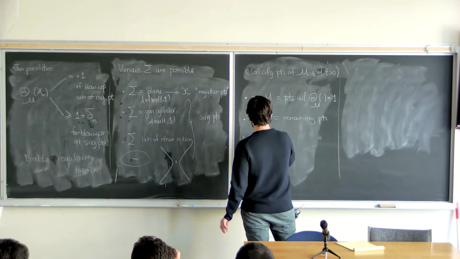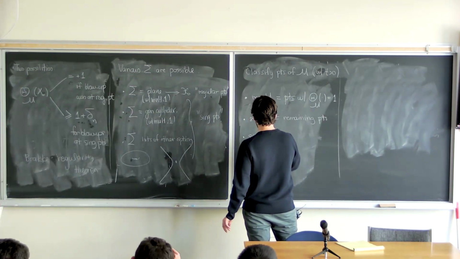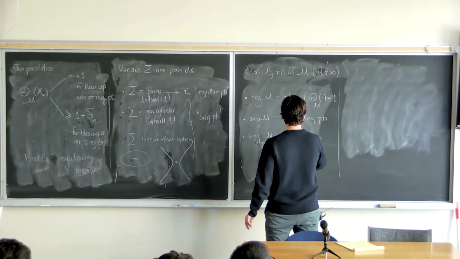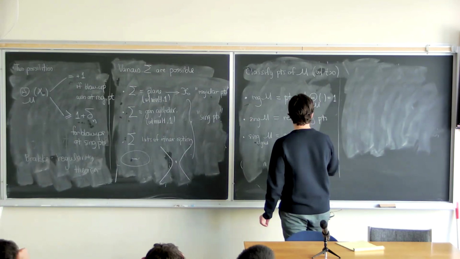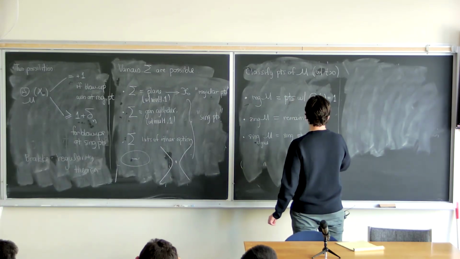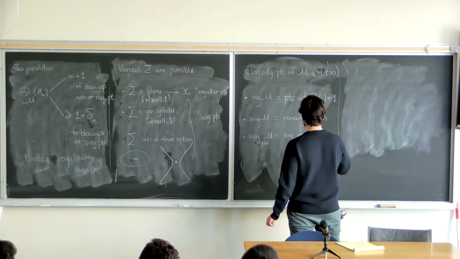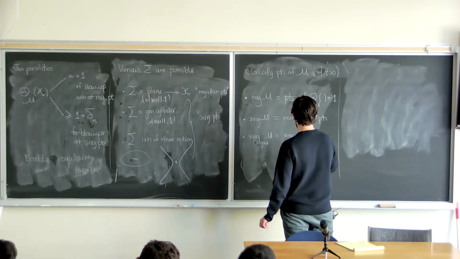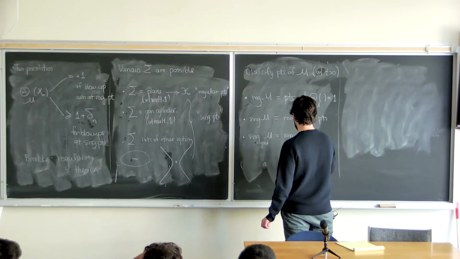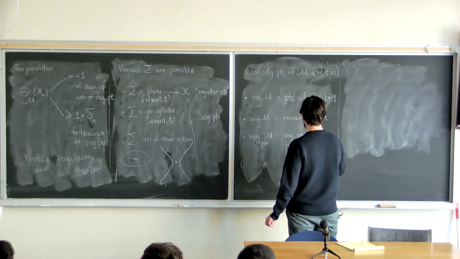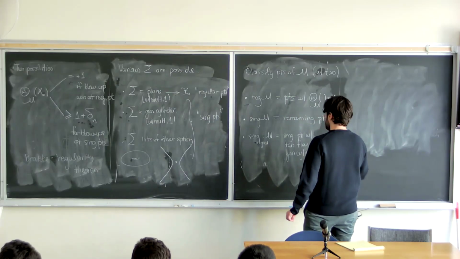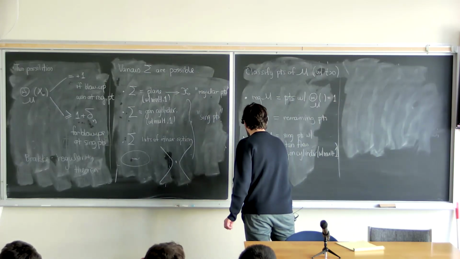I'll say sing good of M to be the singular points with tangent flow a shrinking generalized cylinder, with multiplicity 1, as always. And my bad singular points will be all the rest.